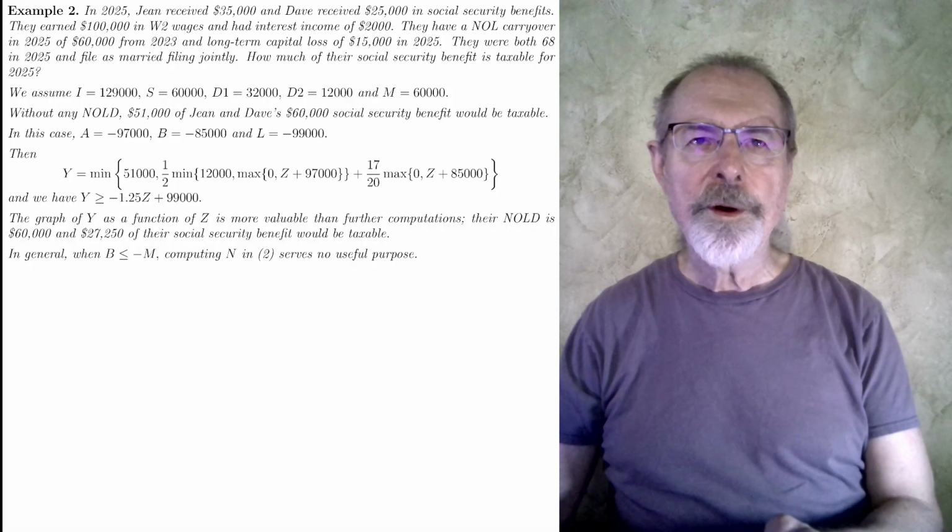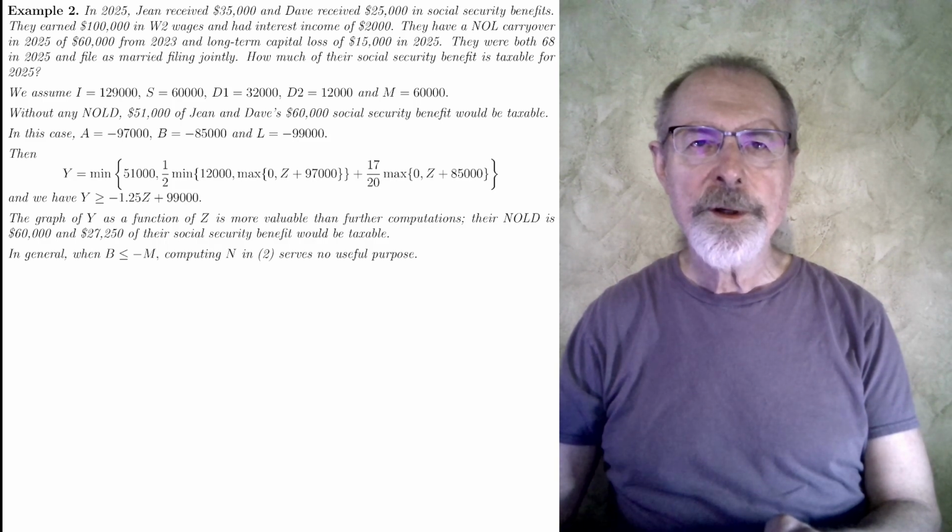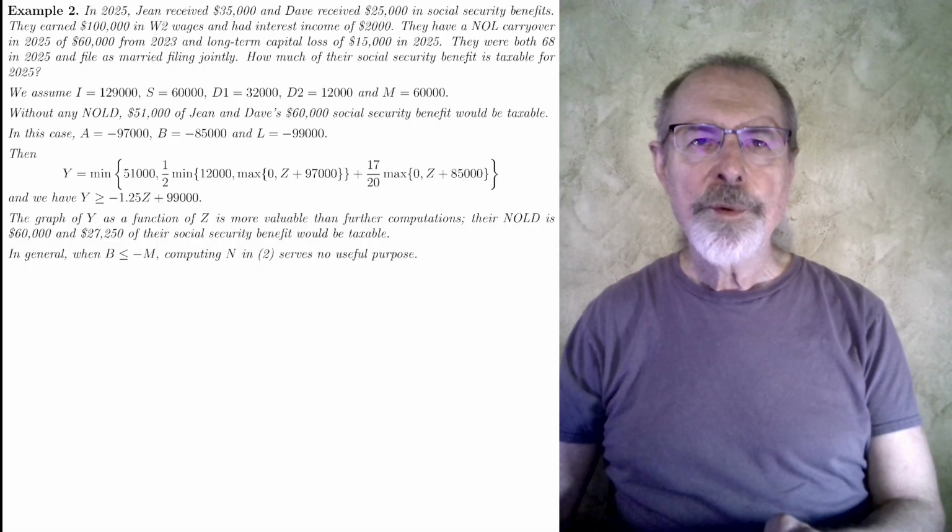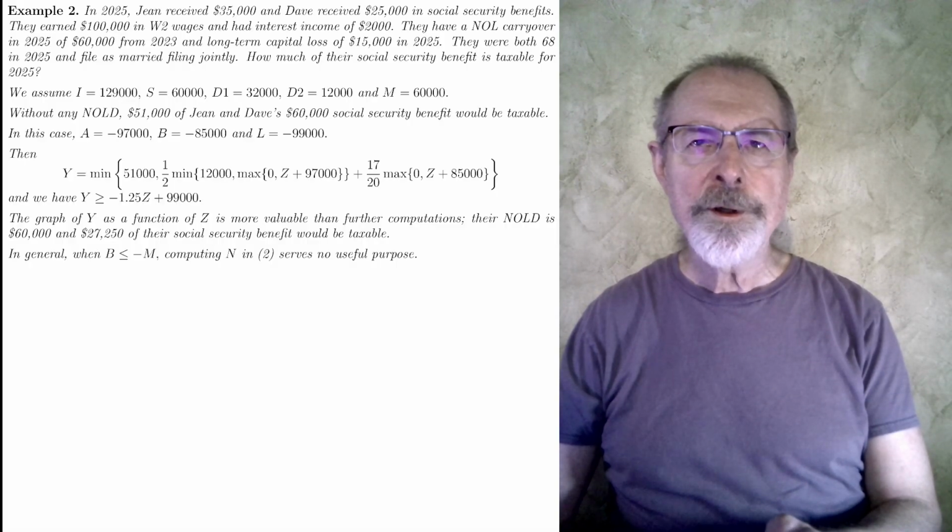If we compute their modified adjusted gross income, we get $129,000, because half of $60,000 would be $30,000, plus their $100,000 income would be $130,000, plus their interest income makes $132,000, and then minus $3,000 because there's a $3,000 limitation on long-term capital loss deduction for ordinary income.